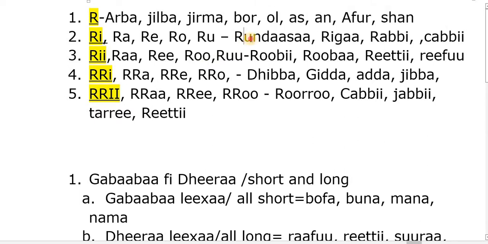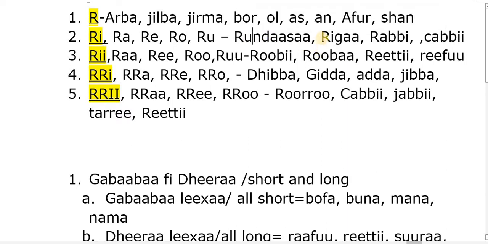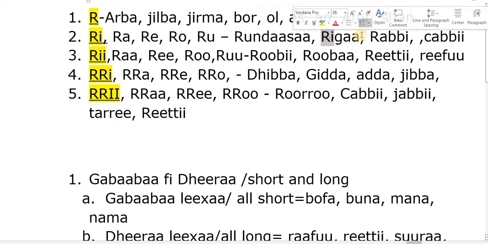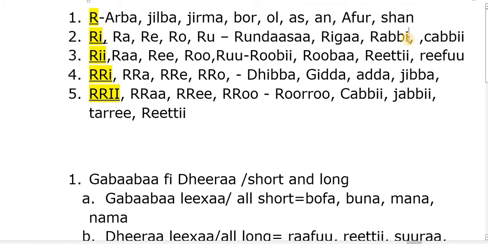Without the U sound here, we can't read rundasa. It is still very short, but we still say it. Riga, Rabbi, or here it is Rabb. We can just add a vowel to make it similar to the others.